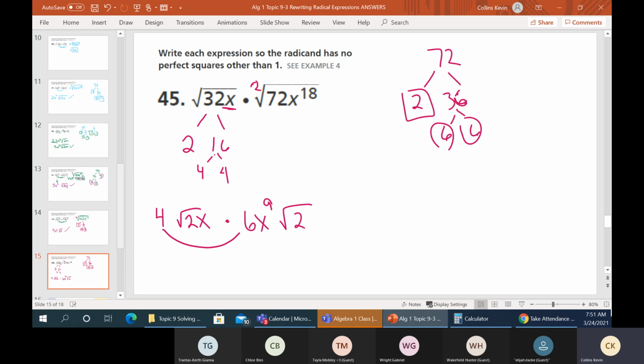So we do this, we've got 24, and we got an x to the 9th, bring him along for the ride. And then on the inside, we're going to have the square root of 2 times 2, that's 4, and x. Well, what's the square root of 4? What is the square root of 4?